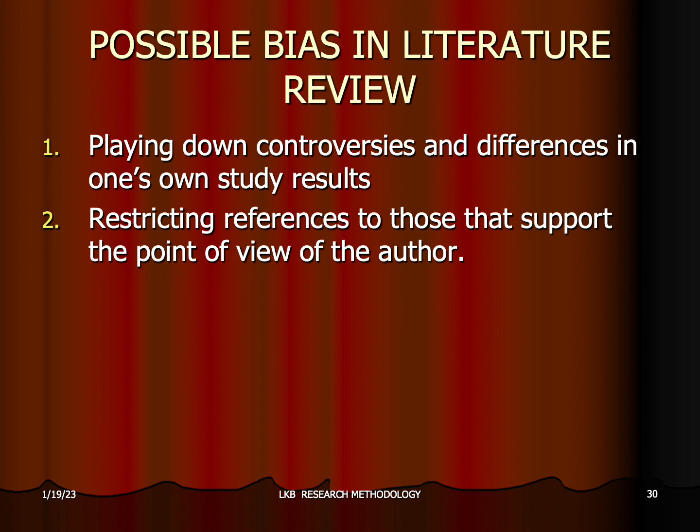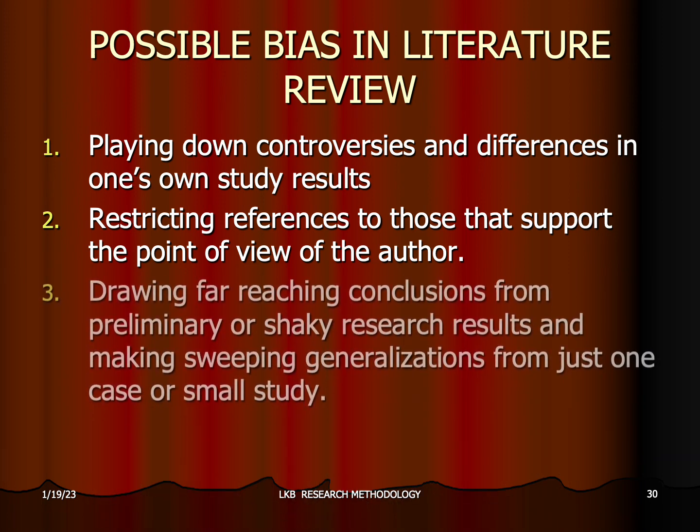And that is a very serious bias in literature review. At times, you may draw far-reaching conclusions from very shaky or preliminary research, and we generalize based on just one small study or just one case.